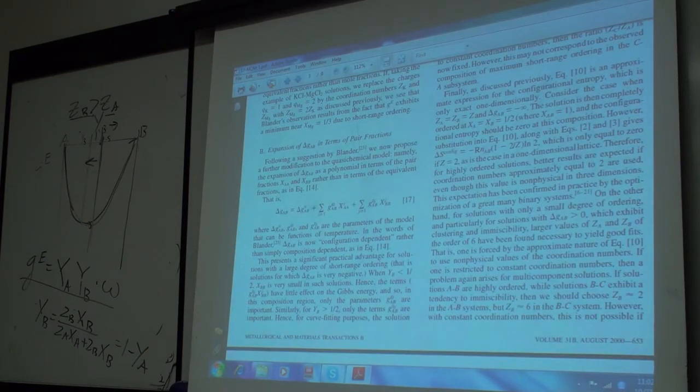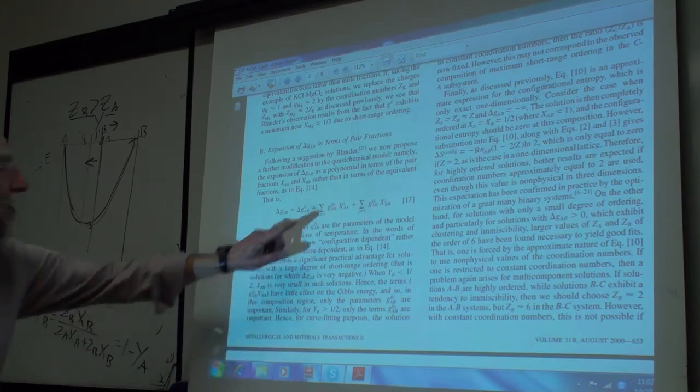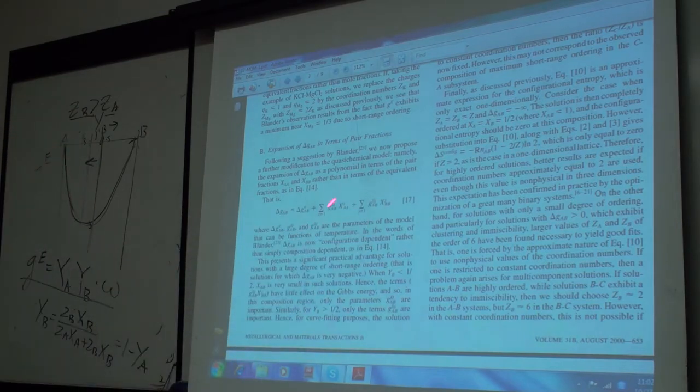So delta G AB is equal to the constant term, delta G naught AB, plus a number of parameters which I now call g_ij, g_i0, and g_0j, multiplying X_AA to the i, the number of AA pairs, and X_BB to the j, the number of BB pairs. So you can have AB i0 parameters, or you can have 0j parameters.